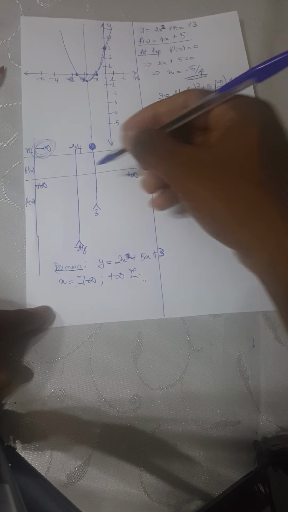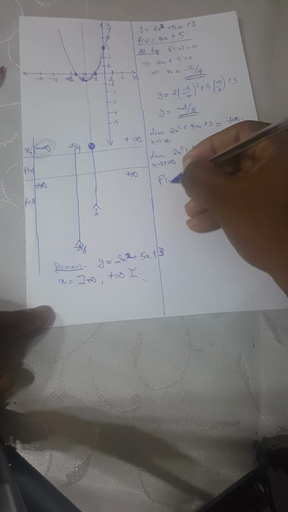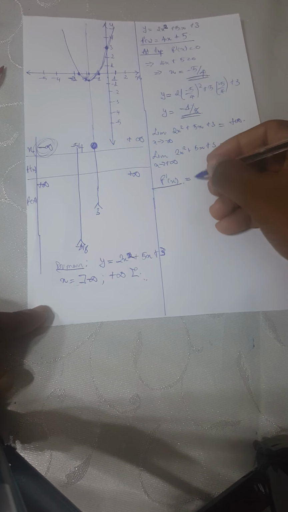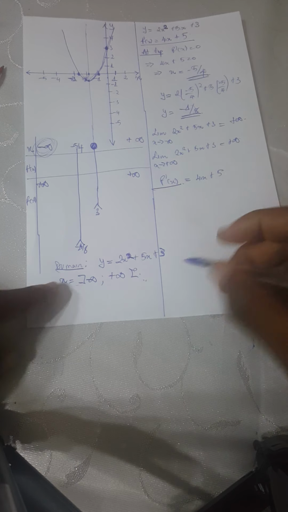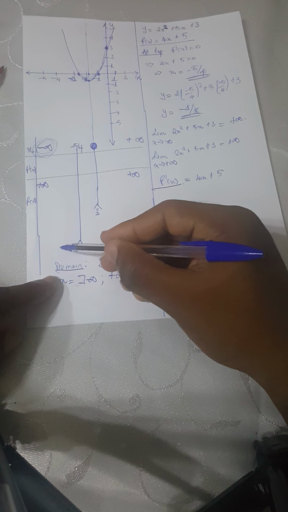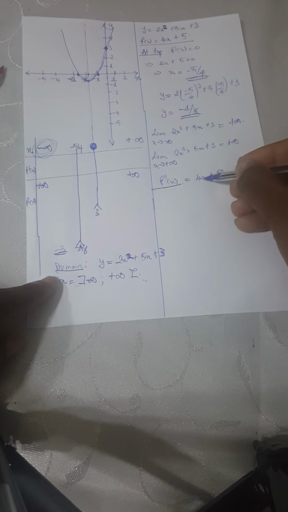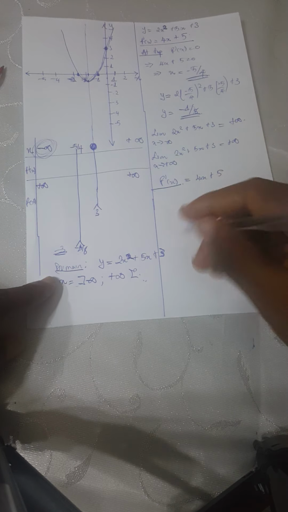Now, I can try to find f prime of x in the different intervals. I know that f prime of x is equal to 4x plus 5. If I put a negative value like negative 3, which is in this interval, 4 into negative 3 plus 5 is going to give a negative value.